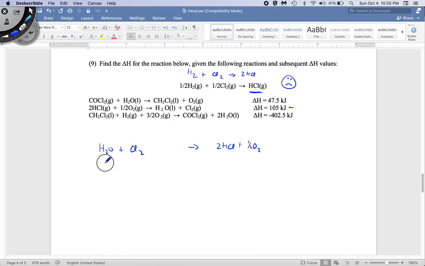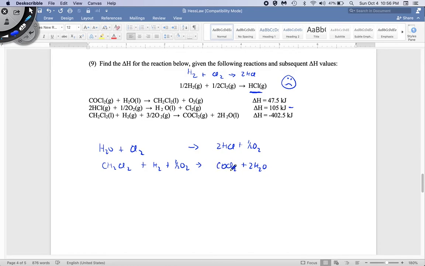So CH2Cl2 plus H2 plus 3 halves O2 goes to COCl2 plus 2 waters. That'll help me get rid of, like, ooh, this water kind of cancels with that water, and this oxygen kind of cancels with that oxygen. But I don't see an easy way to make that happen yet, so I'm going to let it go. And besides, I have bigger fish to fry.